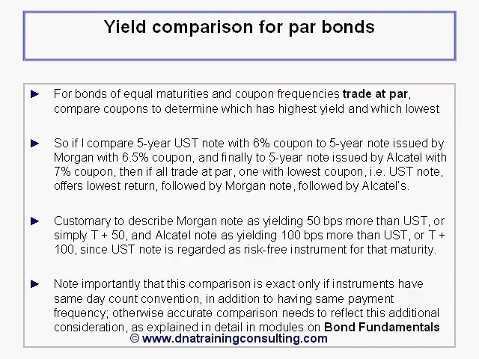Note importantly that this comparison is exact only if the three instruments have the same day count convention in addition to having the same payment frequency. Otherwise, an accurate comparison would need to reflect this additional consideration as explained in detail in our modules mentioned above on bond fundamentals.